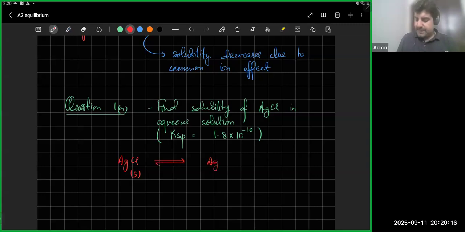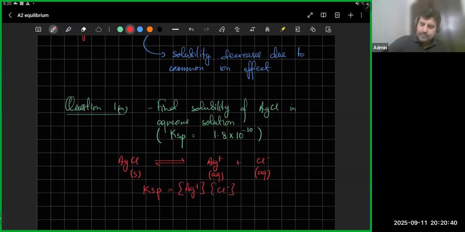So it will form what? Ag plus 1 aqueous plus Cl minus 1 aqueous. Okay, that's the first part. Now, the KSP expression would be what it's going to be? It's going to be silver ion concentration times your Cl ion concentration.